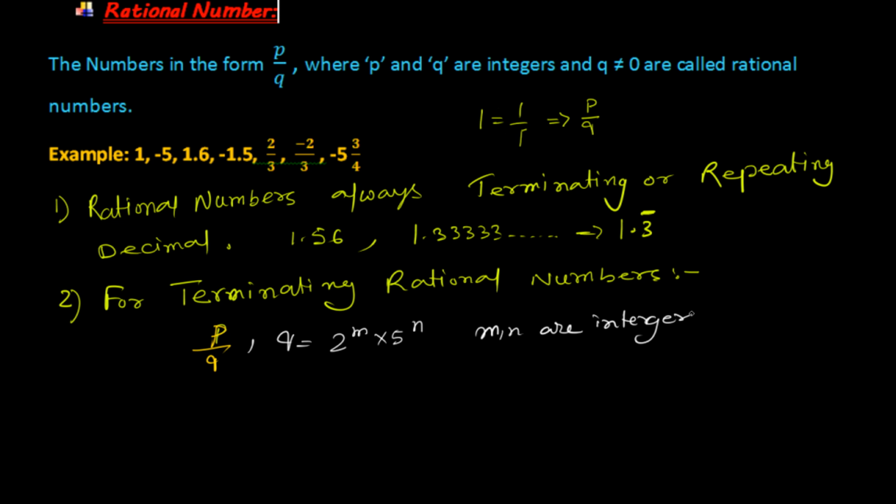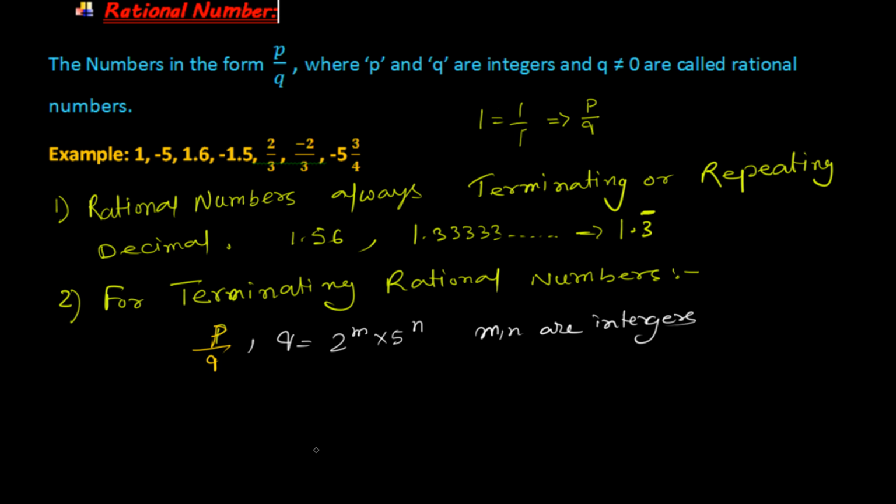So if it is a terminating rational number, then the denominator q can be written in the form 2 to the power m into 5 to the power n, and it's always true. That means if you know this trick, without actual division, you can say whether the fraction, if converted into a decimal, will be terminating or repeating.